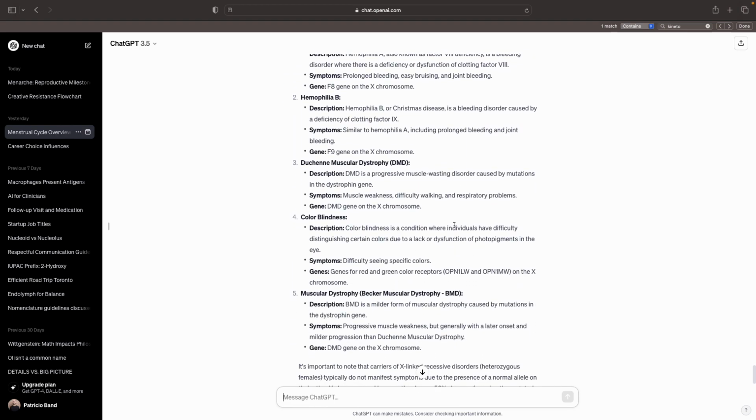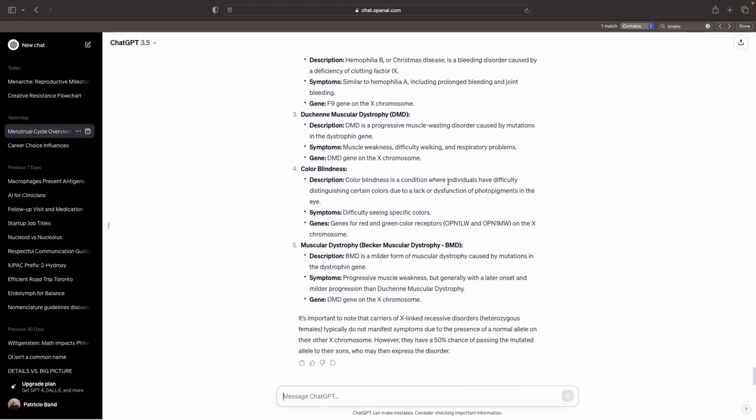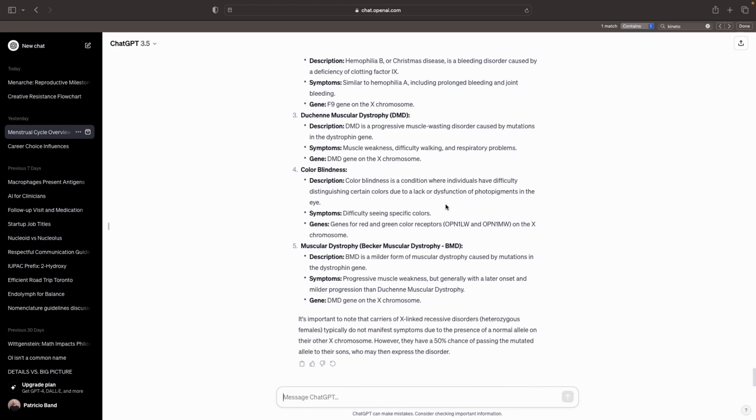Duchenne muscular dystrophy, DMD, is a progressive muscle wasting disorder caused by mutations in the dystrophin gene. Muscle weakness, difficulty walking, respiratory problems. Color blindness is a condition where individuals have difficulty distinguishing certain colors due to a lack or dysfunction of photopigments in the eye.